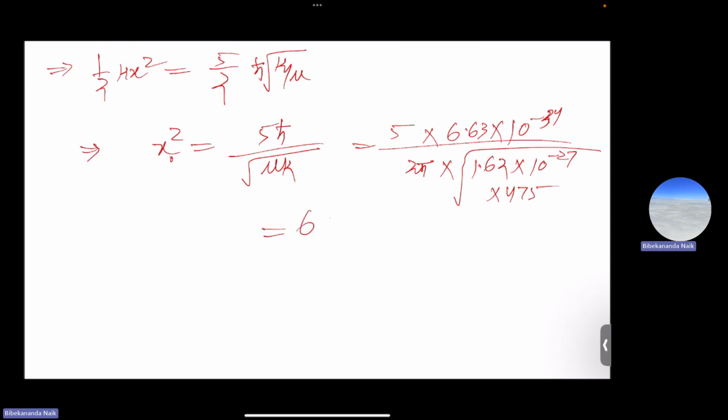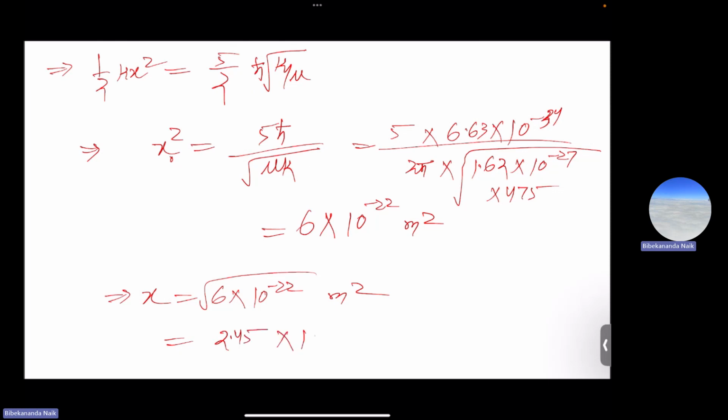If you calculate, you will get 6 into 10 to the power minus 22 meter square. Now x will be root over of 6 into 10 to the power minus 22, which will be 2.45 into 10 to the power minus 11 meter.